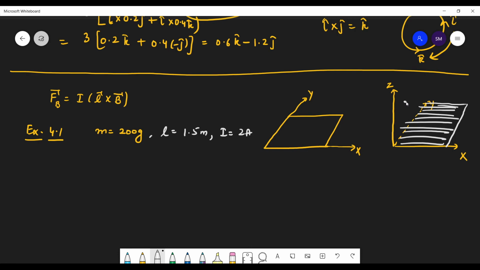And see, it is suspended over here. Okay. So do you understand? Yes. This rod is suspended over here. So coming out of this plane, coming out of which plane? ZY plane, right? Understood the figure, students? Yes.